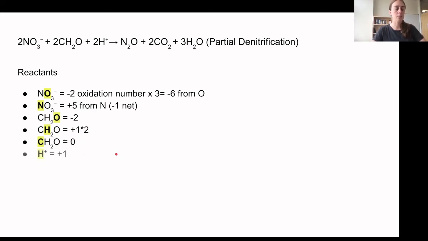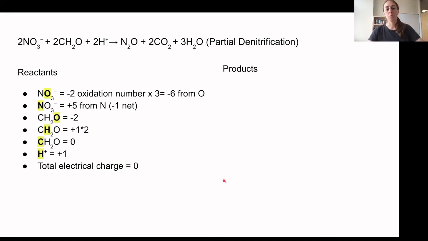So in this case, our carbon has an oxidation number of 0. And our hydrogen here on the end, we have 2 hydrogens. Those are each +1, so our hydrogen has a charge of +2. And if we balance this out, our total electrical charge from each of these components is 0.